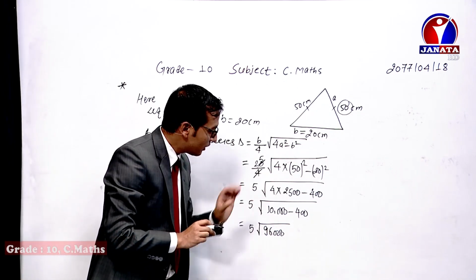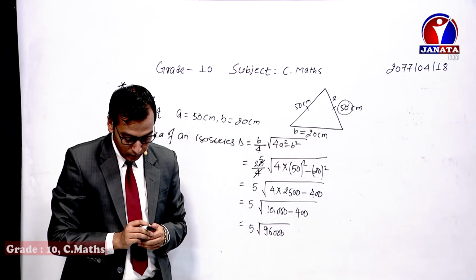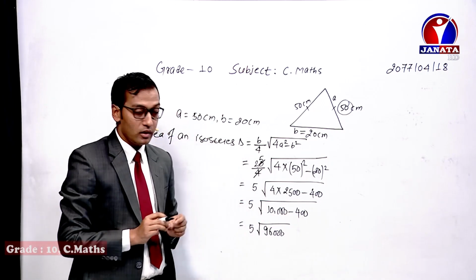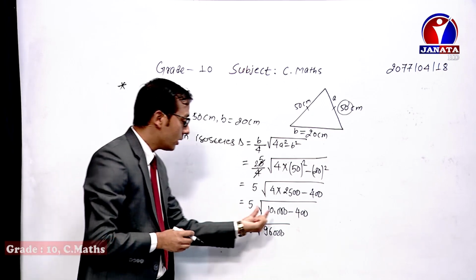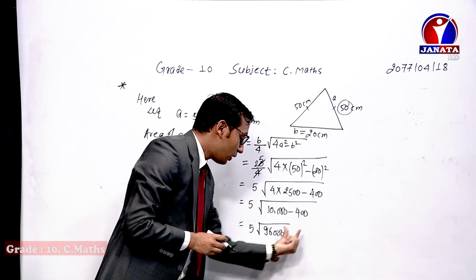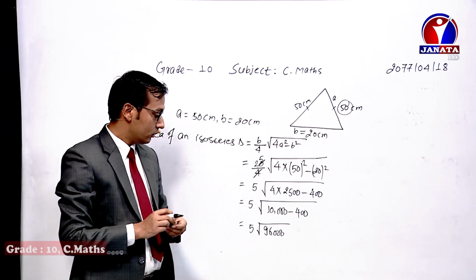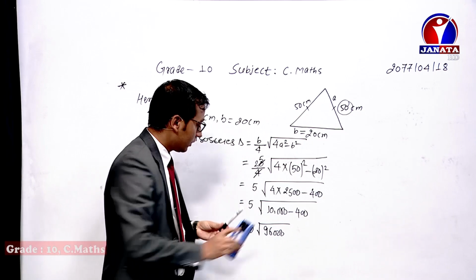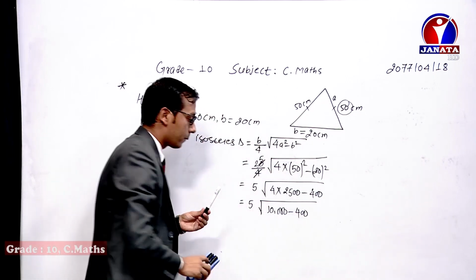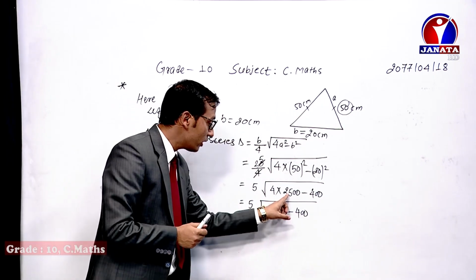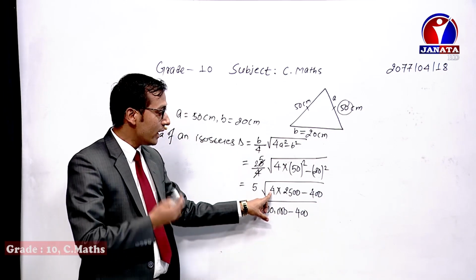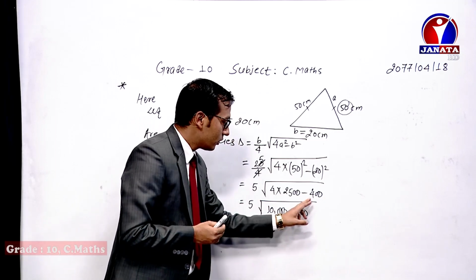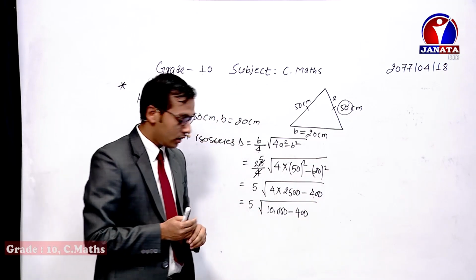Let me check the calculation here. 2500 times 4 is 10,000, minus 20 square, which is 400.